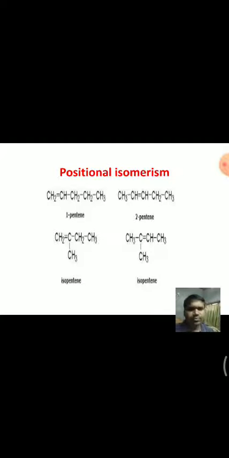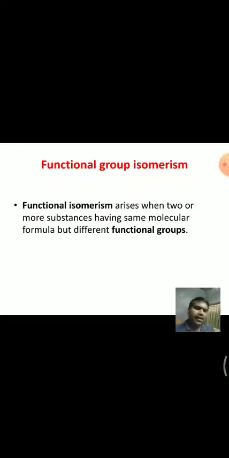And coming to the next type of isomerism, that is functional group isomerism. If we come to the definition, this type of isomerism arises when 2 or more substances have the same molecular formula but different functional groups.